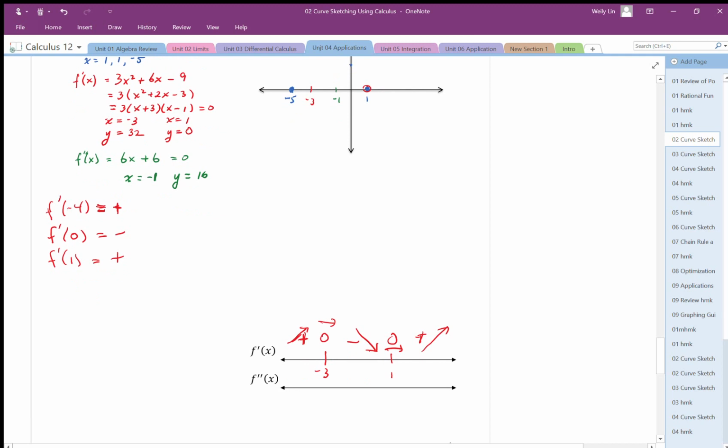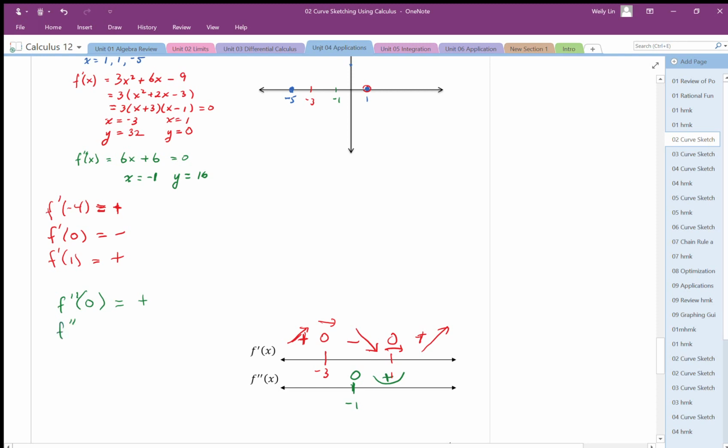For our concavity chart, we're going to use -1, and then just test on both sides of -1. So I'm going to go f double prime of 0. That's an easy coordinate to test. I know I have positive concavity. And again, our slope graph indicates our positive concavity there.